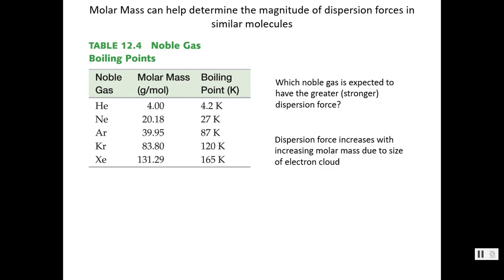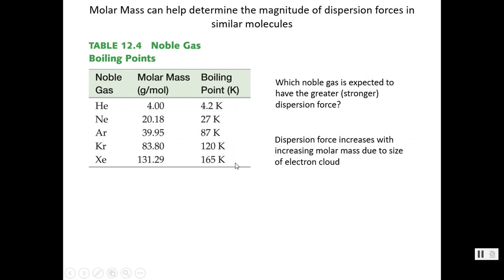You have a larger electron cloud, therefore you will generate a larger dipole in that species due to the presence of more electrons. So the bigger your molecule is, the higher the molar mass, you would expect to have the stronger the dispersion force. And that also makes sense when looking at these boiling points too, right?